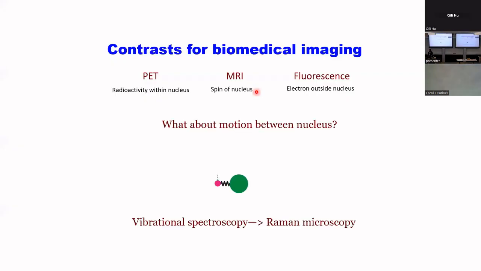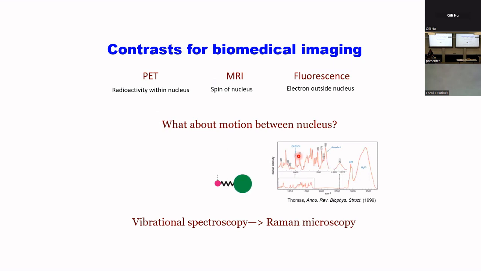The contrast of biomedical imaging can be of different types, even the spin of the nucleus or the electron outside of the nucleus. But there's one thing that we are going to introduce, which is the motion between nuclei. Then we can image these chemical bond vibrational modes. That's Raman microscopy, which we are going to engineer into a video-rate imaging technology here.